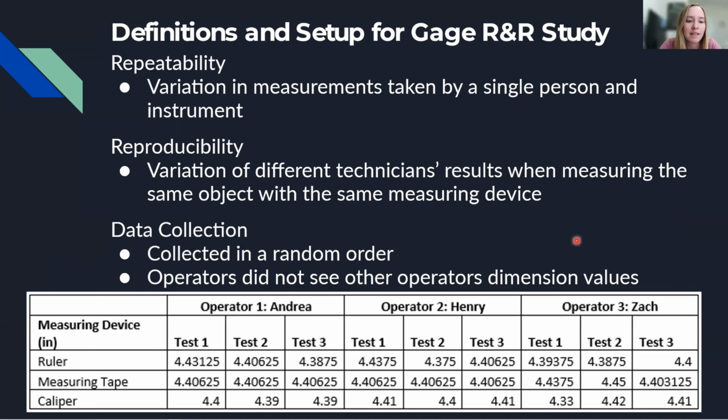And you can see here, this is how we set up the table. This is not how we input it in Minitab, but this is a simpler way of seeing it. You can see that we have the different measuring devices, and each device has 3 tests, and each operator does these 3 tests for each of the 3 measuring devices.